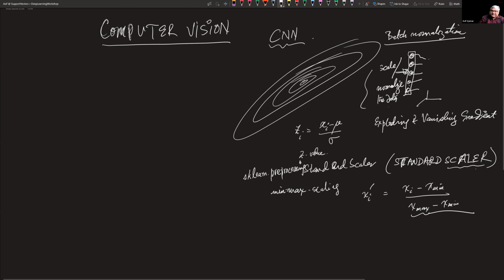This is the range of the data, and you just look at the delta, how far you have come from the minimum value. So all of these will scale the data. Because the numerator and the denominator have the same units, they create dimensionless quantities.